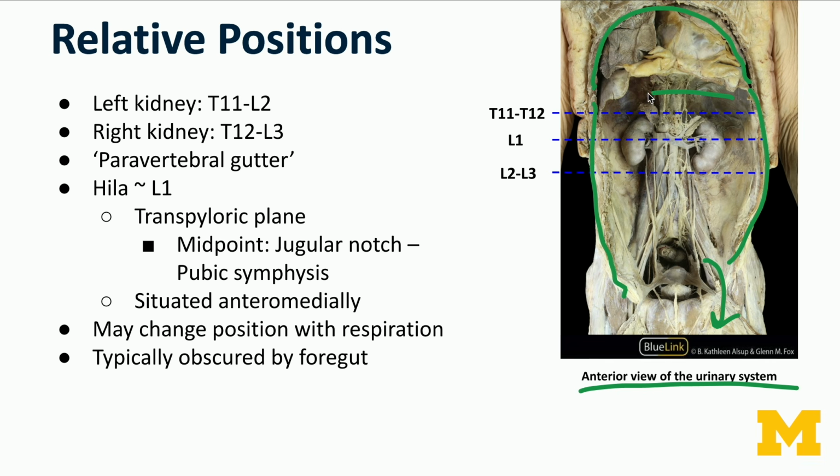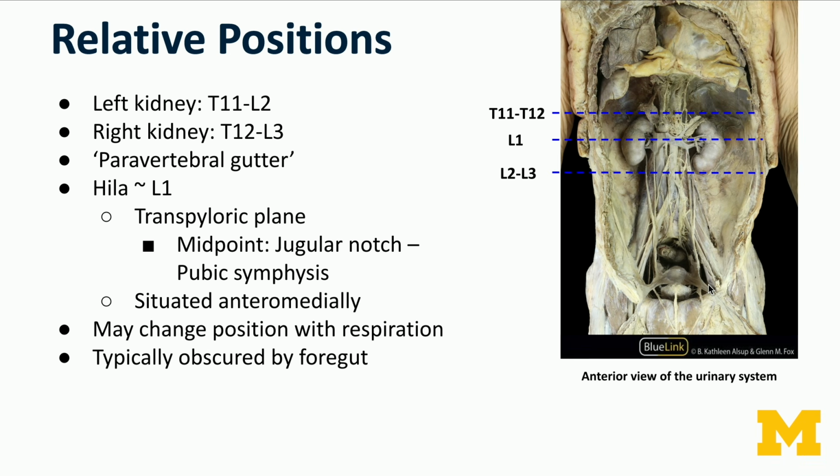All of the organs of the digestive system have been completely removed, and we have gone through the parietal peritoneum of the posterior body wall. The result is this view, and we can see the structures of the retroperitoneum.